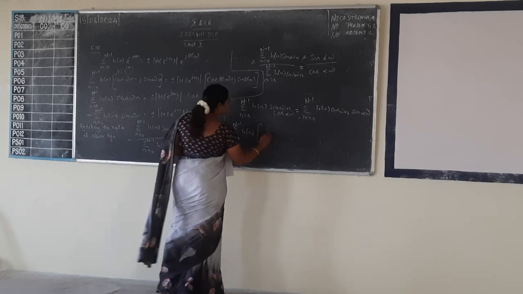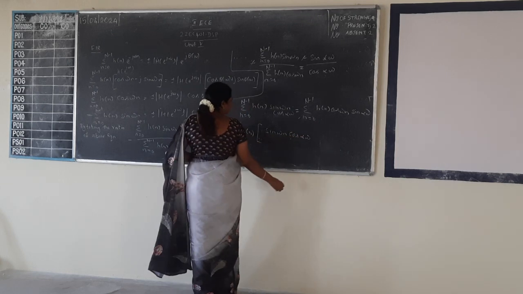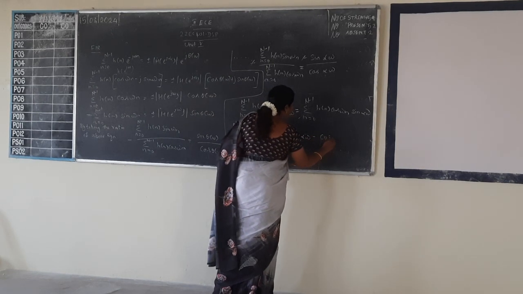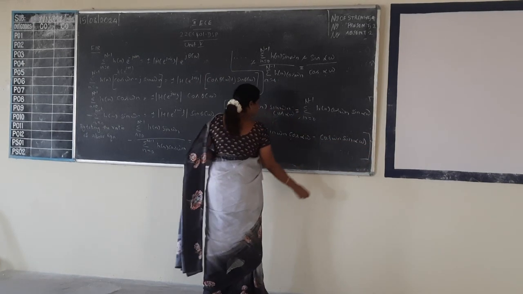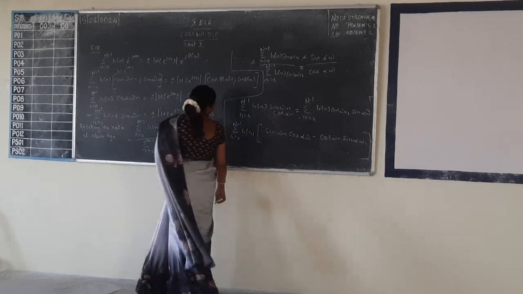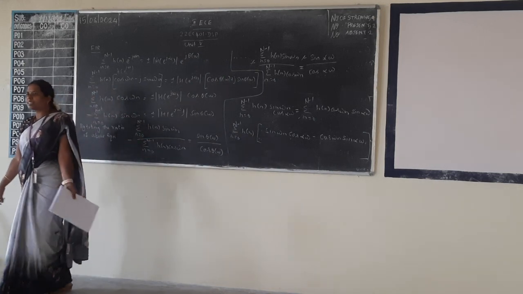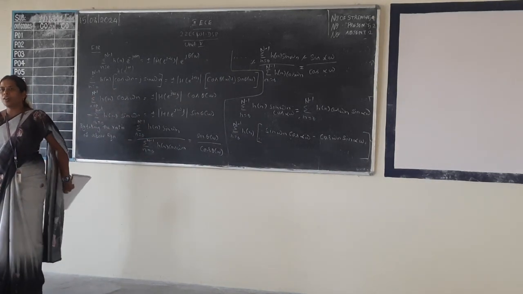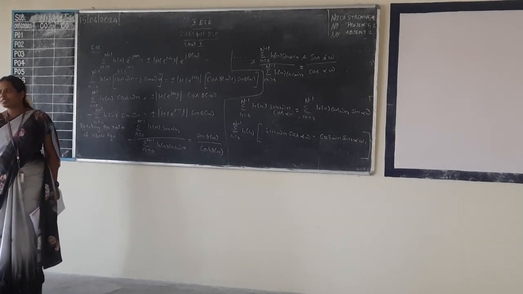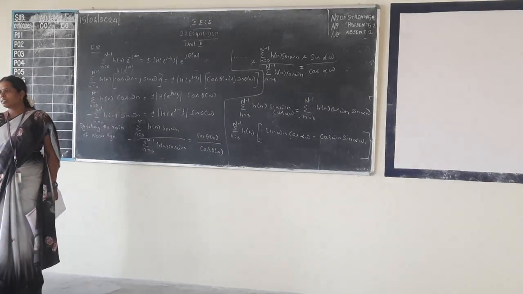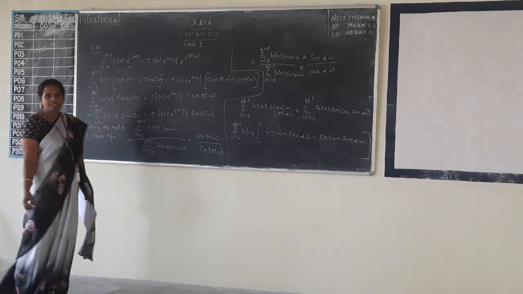You can write as sin omega n cos alpha omega minus cos omega n sin alpha omega. So which is in the form of sin a cos b minus cos a sin b, right? This is equal to sin of a minus b.